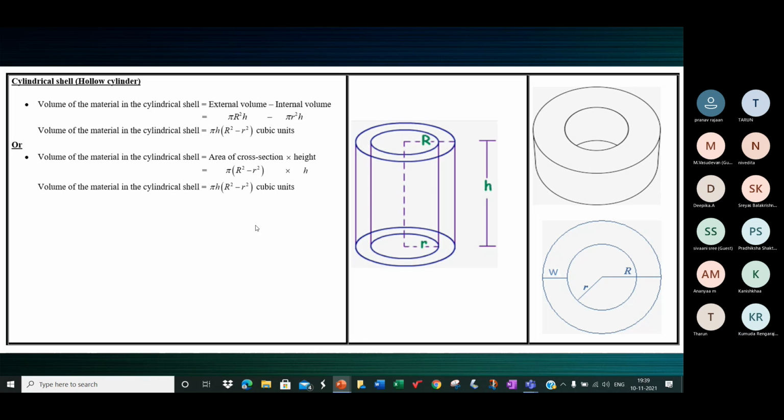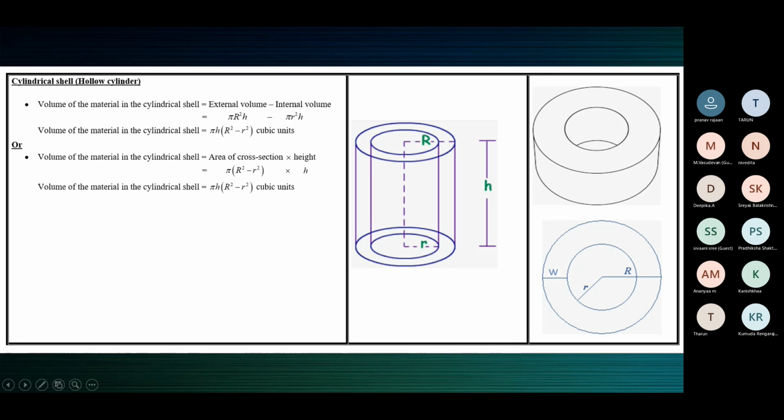All right. So this is the inner radius denoted by the small letter r.